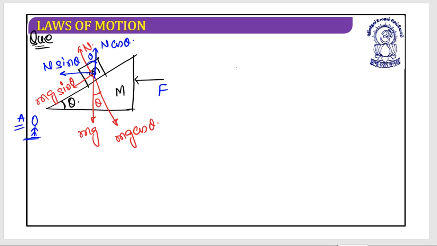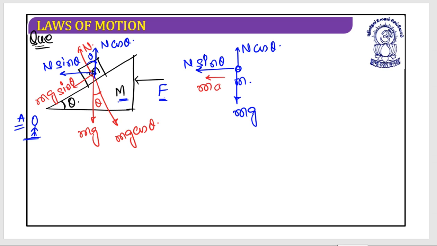So this is the block m. It is having force N sin theta in this direction, force N cos theta in this direction, and force mg in this direction. As force F is acting on this wedge, and the wedge and this block both are moving in this direction, I can write it like this: m into a.